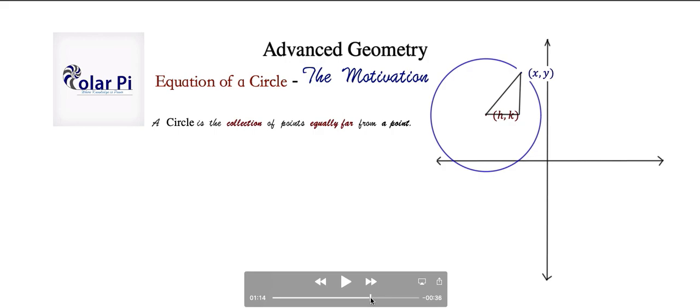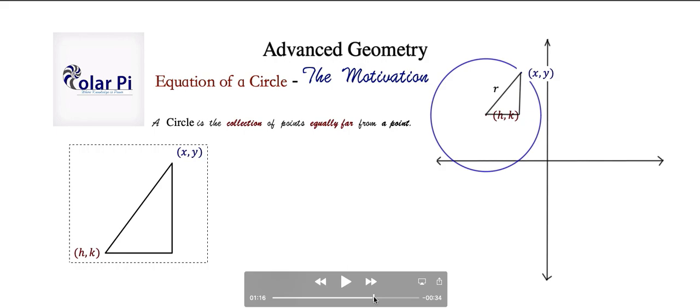Now, let's have a closer look at this right triangle we just drew. This leg of the right triangle has length y minus k, and the other leg has length x minus h, and such should be the case regardless of where you draw a triangle like this.